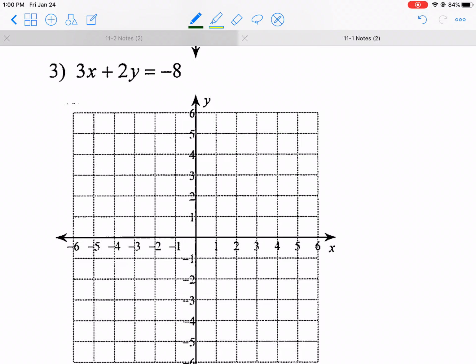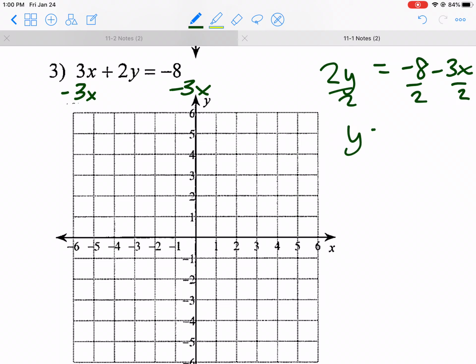For this equation, we could start by subtracting 3x from both sides. I'll rewrite it over here: 2y equals negative 8 minus 3x. Then to get y alone, we divide every term by 2. So we get y equals negative 4 minus 3/2 x.